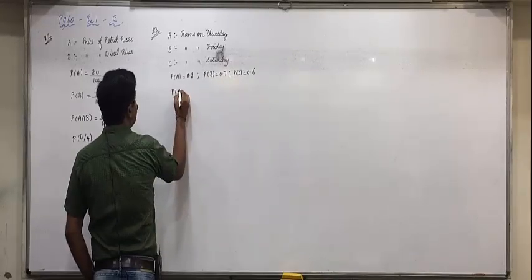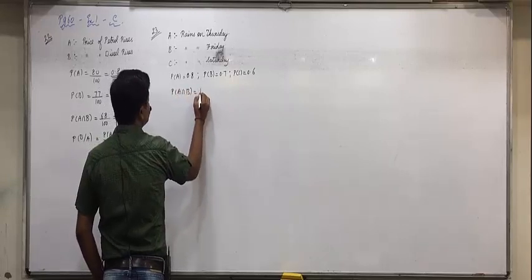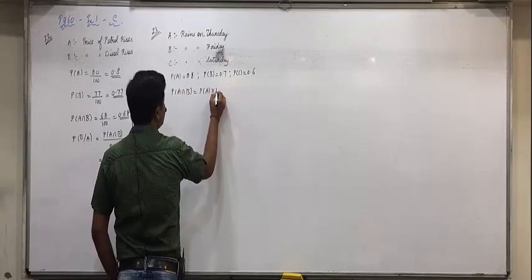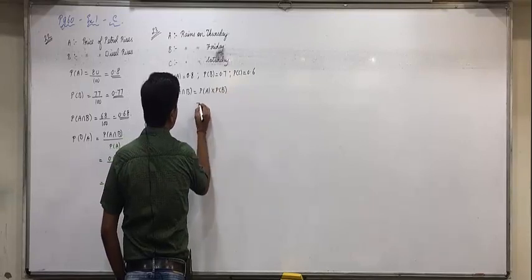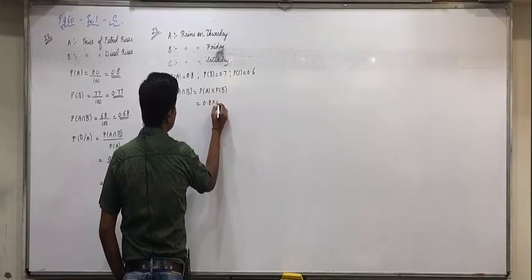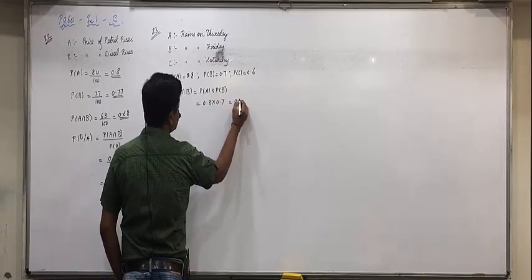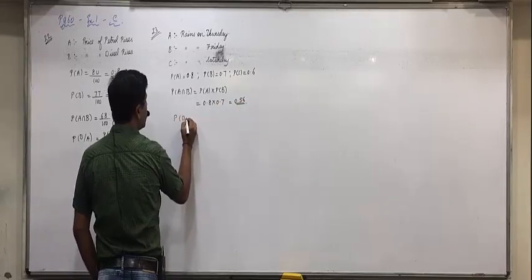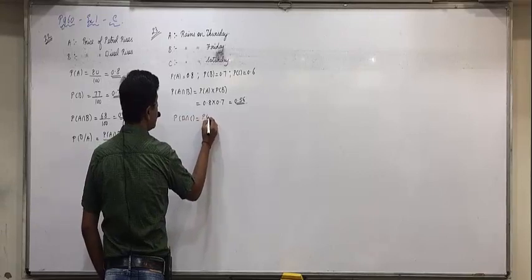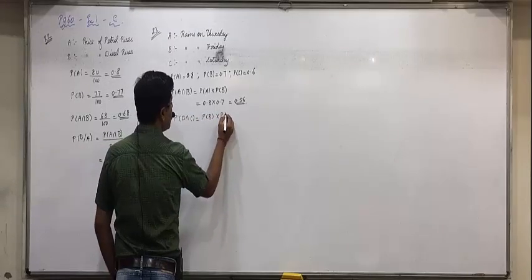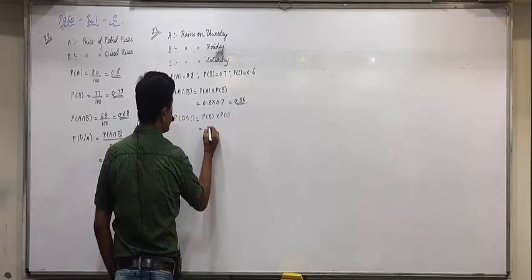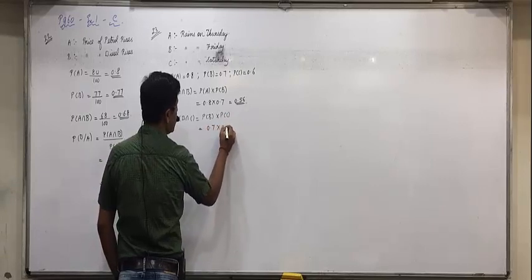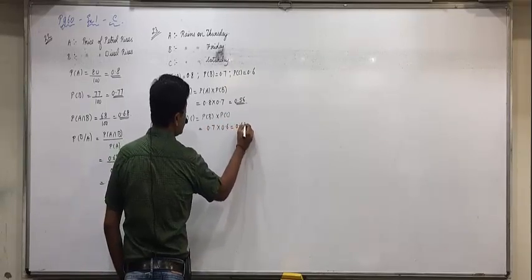Let P(A intersection B) is equal to P(A) into P(B), 0.8 into 0.7, 0.56. P of B intersection C, P(B) into P(C), 0.7 into 0.6, 0.42.